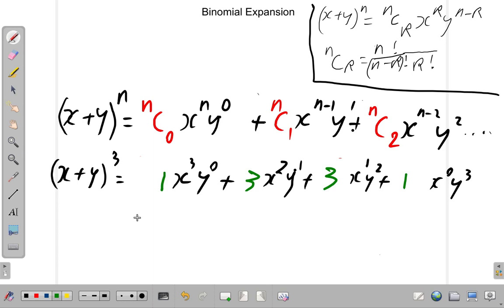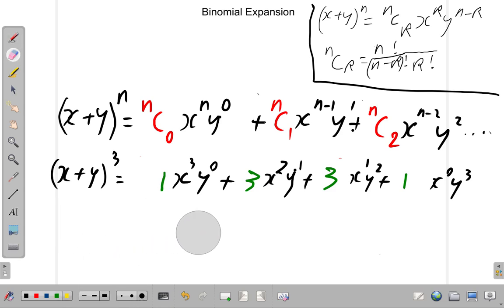You have x cubed, x times x times x, no y's. There's only one way you can arrange them. Remember, this is 3C0. You have 3 x's available and no y's. How many ways can you arrange them? Just one way. It's a combination, so you don't care which x you put first, second or third. This is all one combination. So it's 1 here.